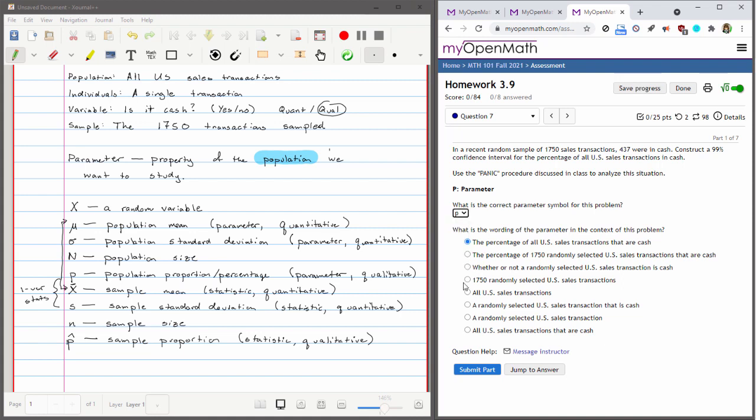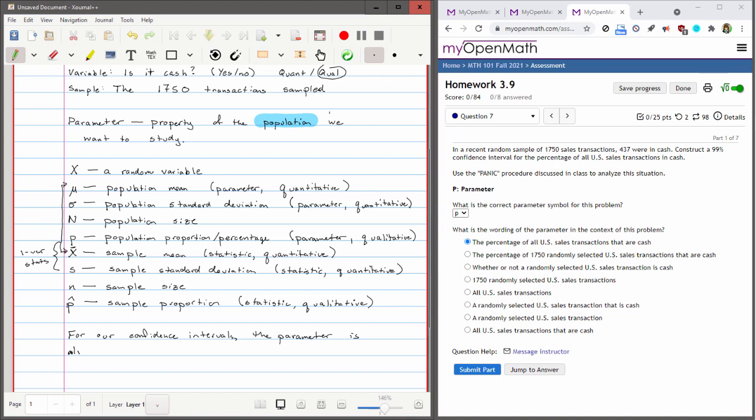For our confidence intervals, our parameter will always be p. So in this part, you'll always select p for what is the correct parameter.